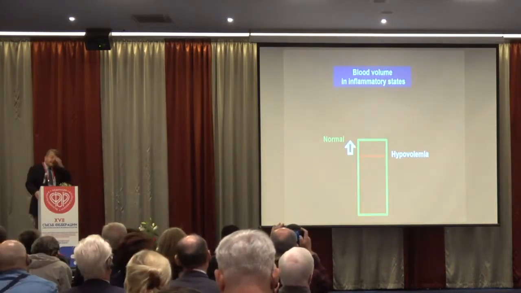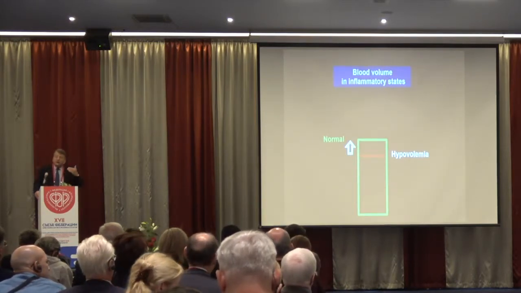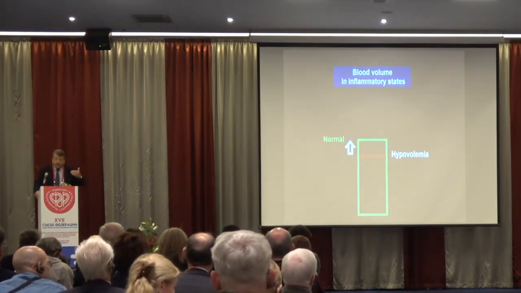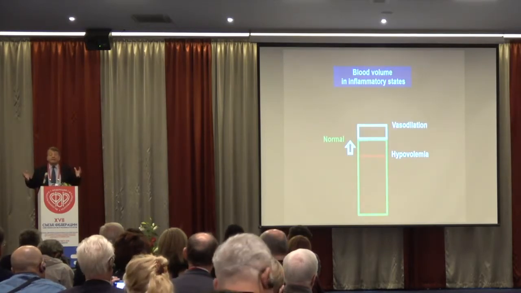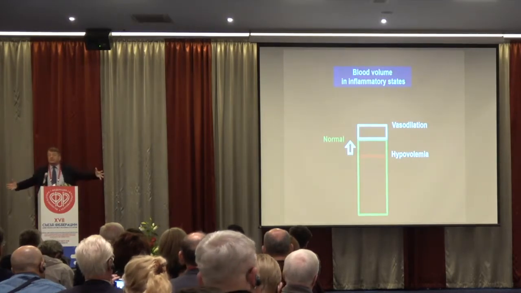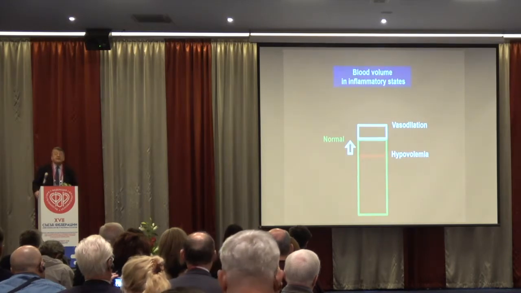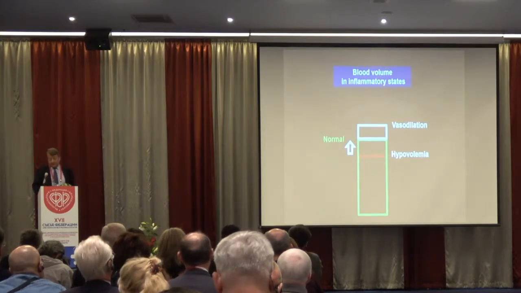And what complicates it further is that we are not just correcting losses. We are not just correcting hypovolemia, because the acutely ill patient is typically vasodilated. There is an inflammatory response due to ischemia or perfusion in case of bleeding, due to sepsis or pancreatitis or other inflammatory states.